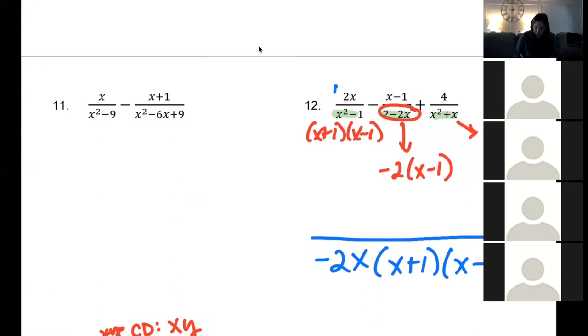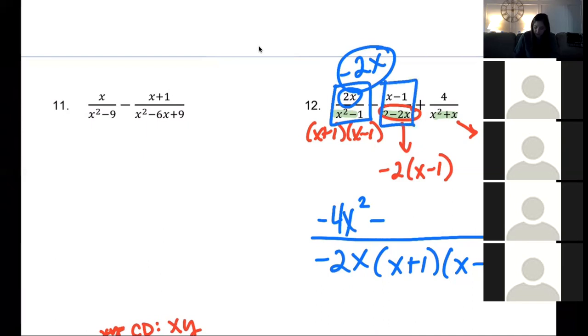So then in my first fraction, I am missing negative 2x. So I'm going to multiply the numerator by what's missing, which would be negative 4x squared, minus.